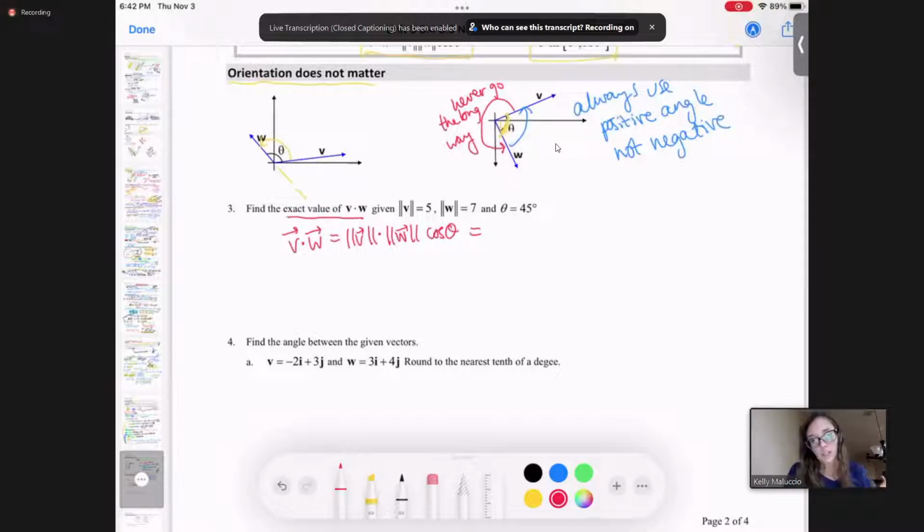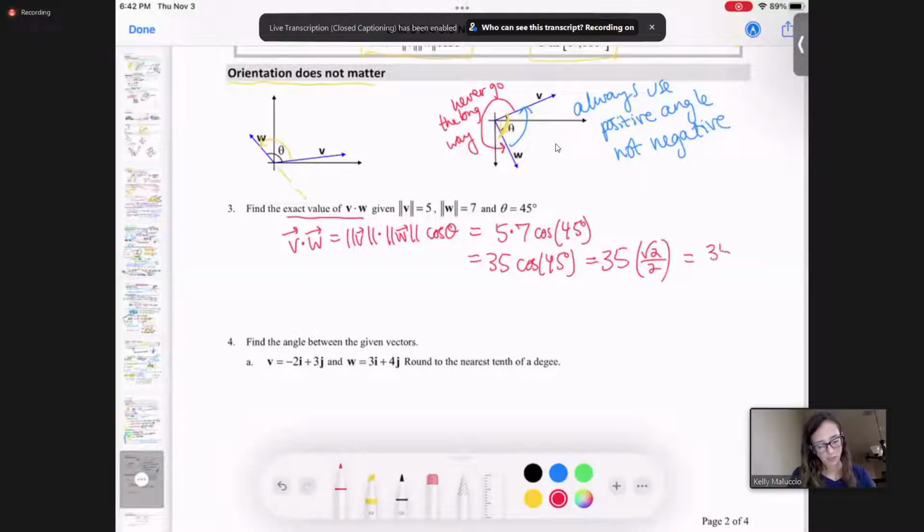So they gave us everything here. The picture doesn't even really matter, right? That's 5 times 7 times cosine of 45 degrees. And so that's 35 cosine of 45 degrees, which is, what's that, root 2 over 2, right? So 35 times root 2 over 2. Can't really simplify that anymore, because 35 over 2 doesn't reduce. So we'll just leave our answer like this.